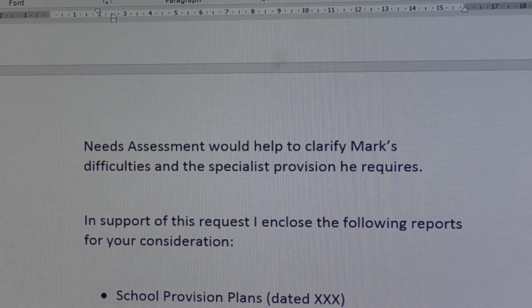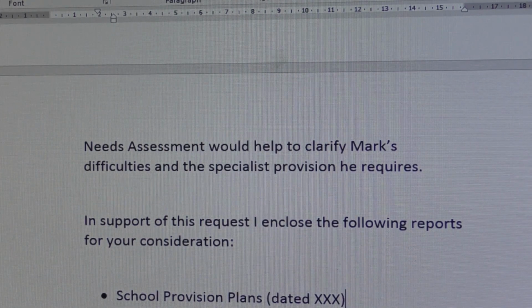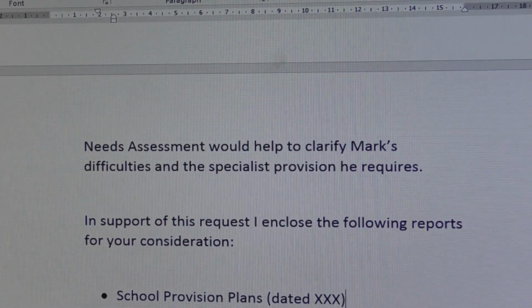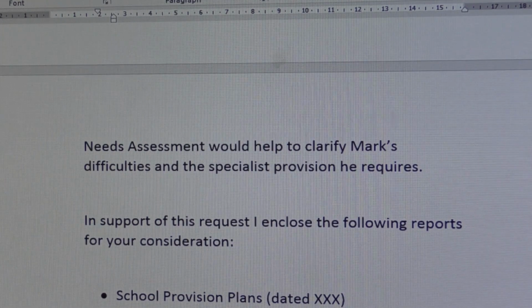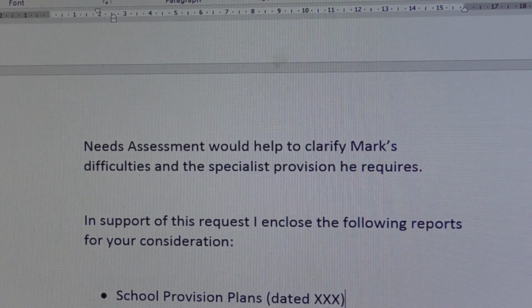If your child is on the SEN register and is receiving support, they should have something like a school provision plan. Now, there's nothing statutory in this regard because the school's got flexibility as to how it meets your child's needs if they don't have an EHC plan. So you put in whatever is the equivalent.